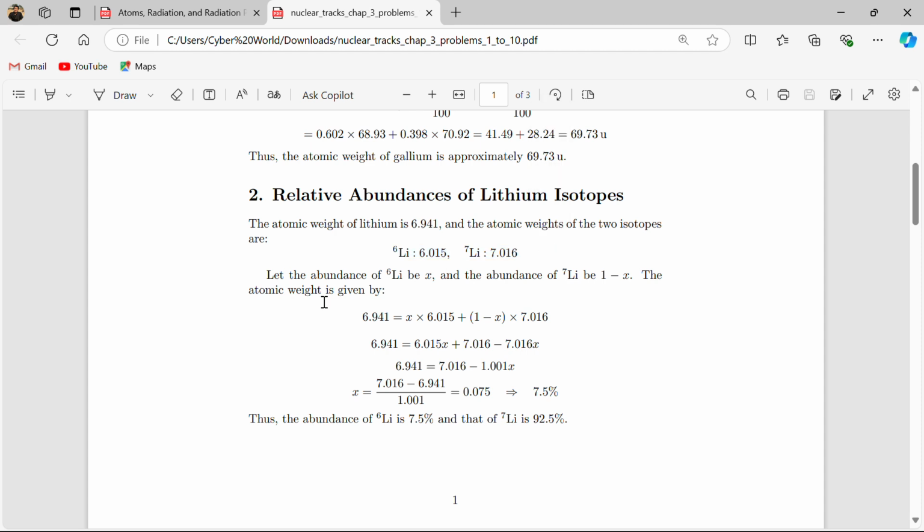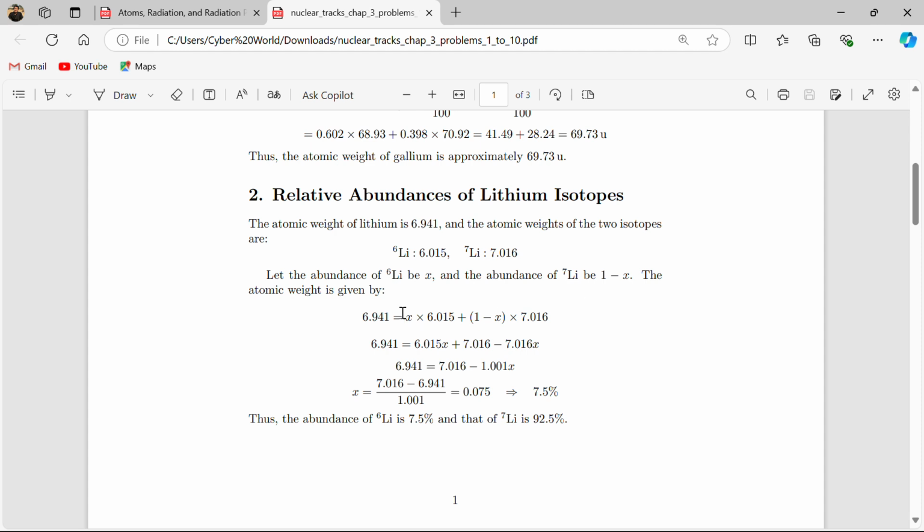Because we don't know the abundance of lithium 6 and lithium 7, we have to find it. So you have to use supposition here. Let lithium 6 have an abundance of x, and let the abundance of lithium 7 be 1 minus x.